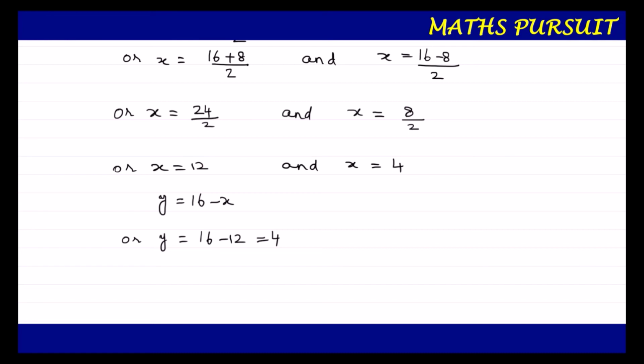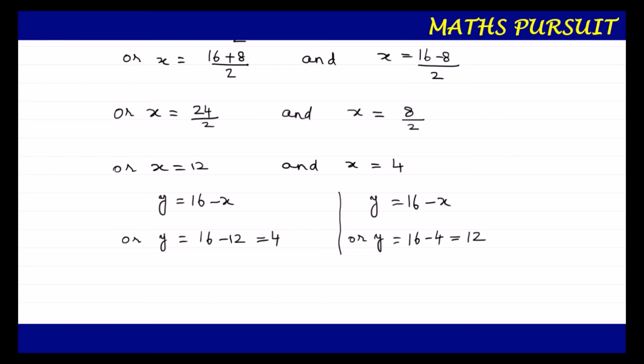Similarly, I can also write y is equal to 16 minus x, or y is equal to 16 minus 4, that is equal to 12. So when x is equal to 12, we are getting y is equal to 4.